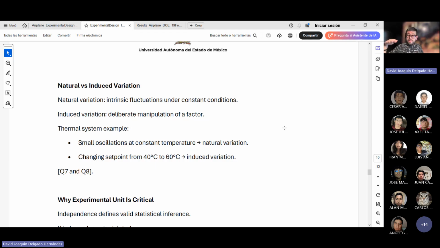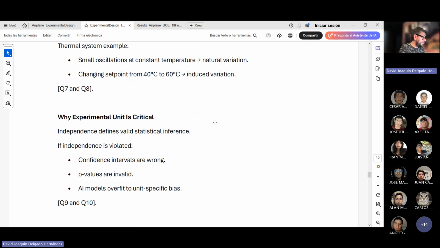So if I throw the airplane, it can move a little bit more because of this air current. The induced variation, again, is a factor that I am manipulating. For instance, I can have a folder, PET, or bond paper material, okay?